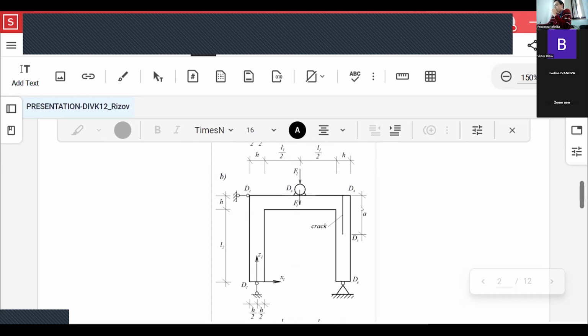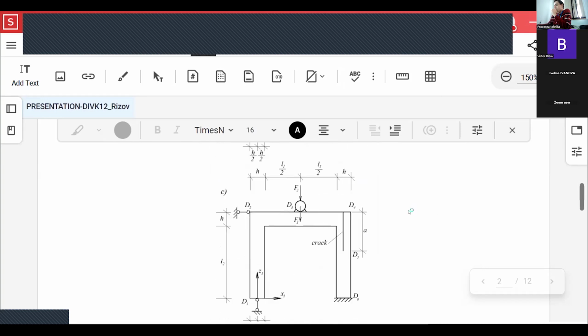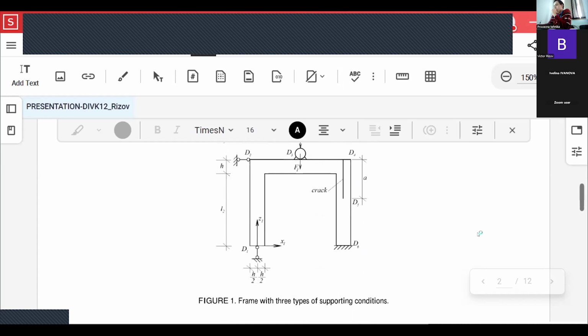The third type of support conditions is illustrated in figure 1C, this figure on the screen. The frame in this figure is supported by vertical and horizontal links in points B1 and D2, respectively. Besides, a fixed support is used in point D6.